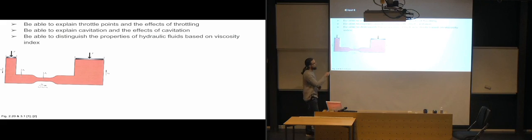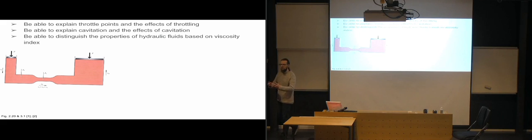So with a throttle point, you can decrease your pressure, and you can increase the velocity of your flow by letting it go through a narrower section, whether it's in a valve or whether it's going through a too small pipe for a small section in the system or something.